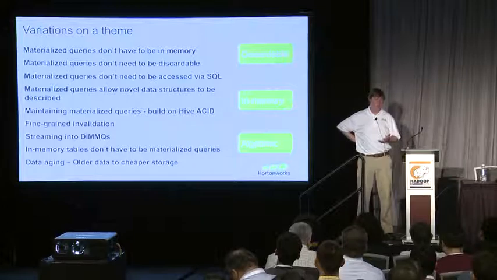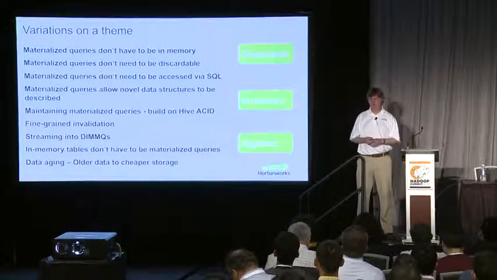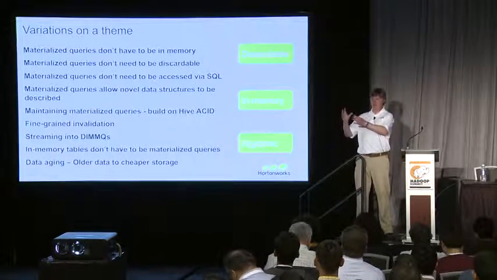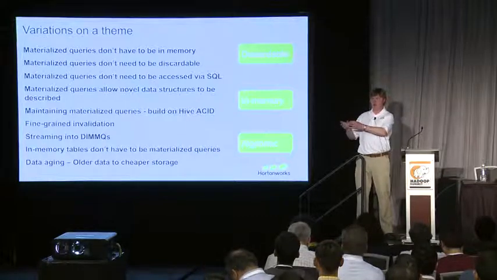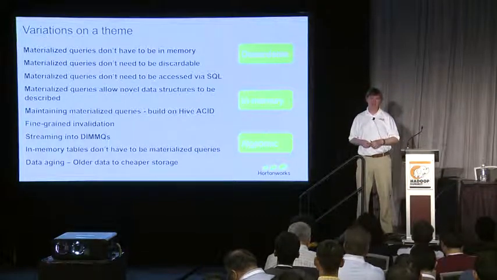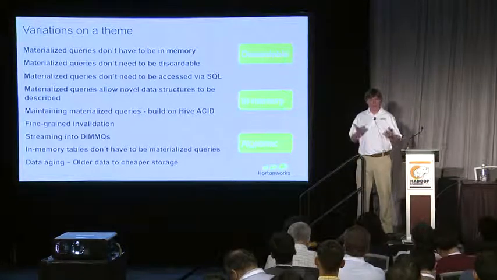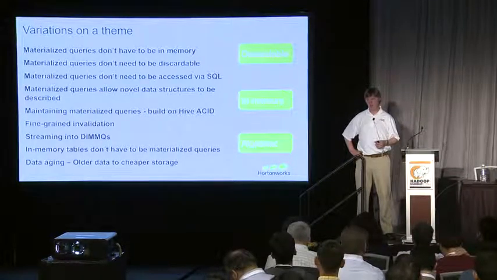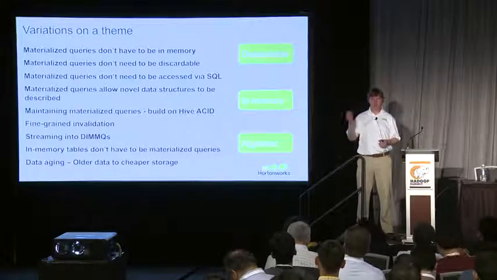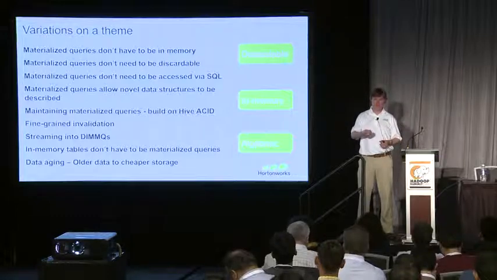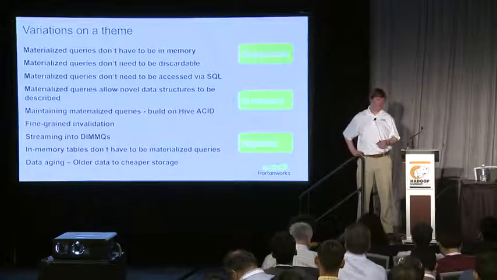But if you wanted to describe a B-tree index, you could create a materialized view and say, here's your sales table, the sale ID and the product ID, ordered by product ID. And then just tell the system, here's a materialized view. The optimizer should be able to figure out that it's quicker to do a join to this materialized view and then onto the sales table than it is to do a full scan of the sales table.